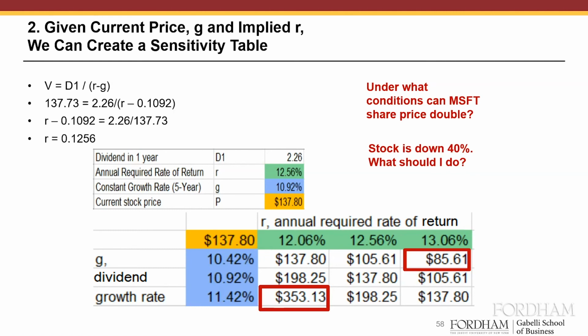So in that case, feeling very confident that G will remain at 10.92, then we think that the market fair value should be $105.61.